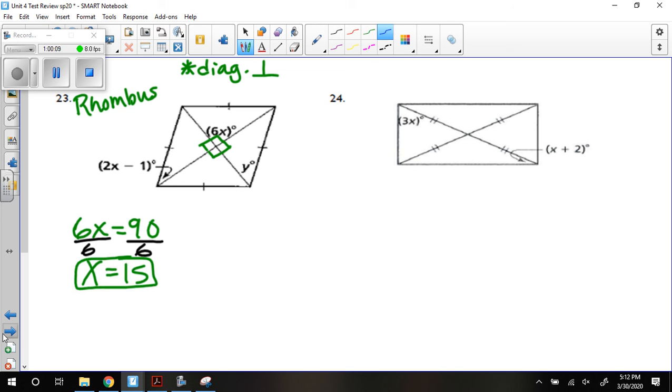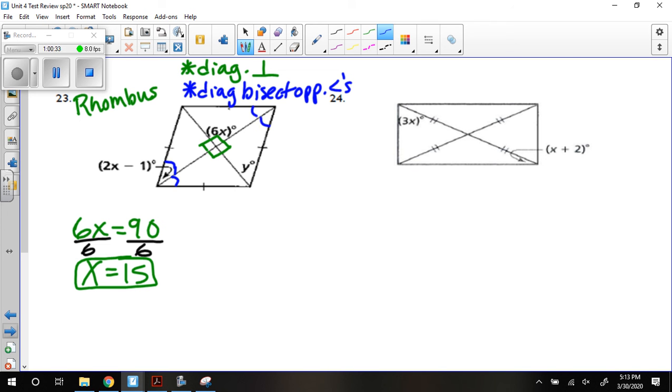Okay, the other thing I need to know about my diagonals is that diagonals bisect opposite angles. Okay, so that means that this angle is congruent to this angle, and this angle is congruent to this angle.